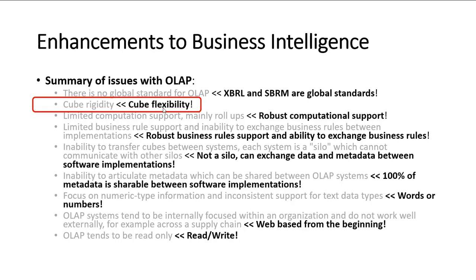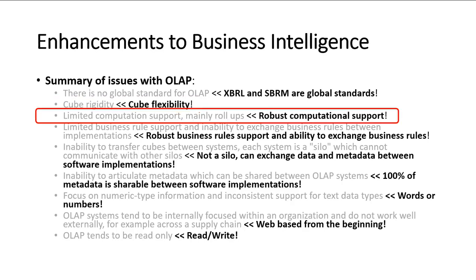You have to go in and create a SQL query or whatever. But basically, within XBRL and SBRM, business users can change cubes. OLAP tends to use only rollups, whereas there's robust computational support in both XBRL and SBRM. I'll point that out here in a bit.